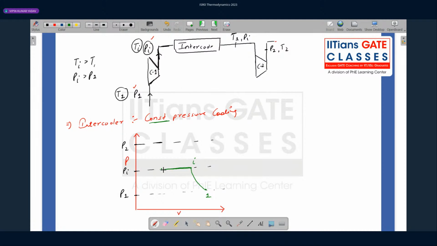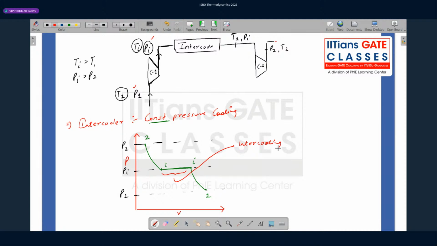This is your intermediate pressure itself. And then you increase the pressure one more time to the point 2. So this is your compression with intercooling. This stage is called intercooling.